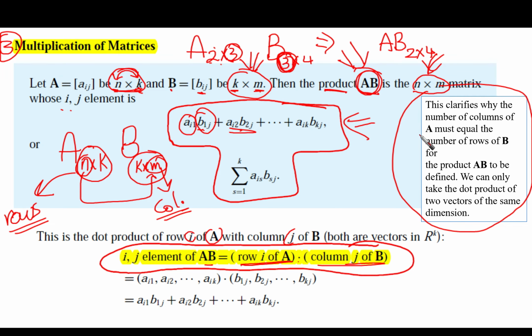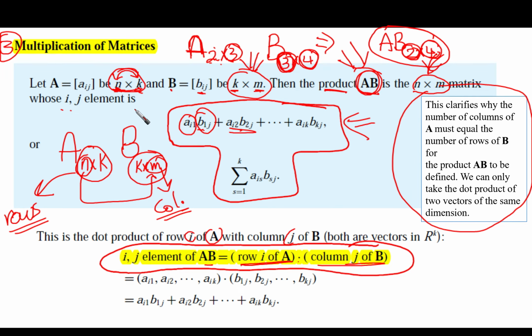First of all, the number of rows in the first matrix is going to be the number of rows in the output product, and the number of columns in the second matrix is going to be the number of columns in the output product.